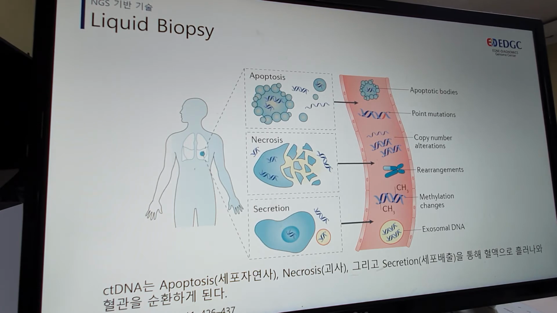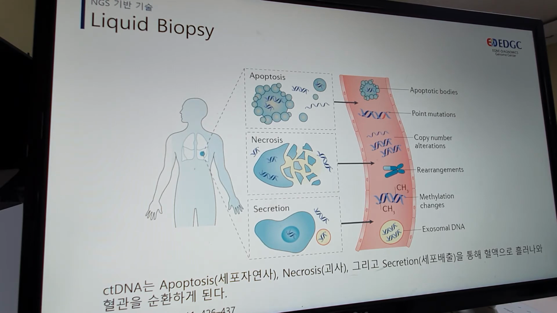So if this liquid biopsy service is prevalent in the near future, then I think we can say we have already overcome cancer, because we can find what cancer types are in my body before it is detected by other devices like sonography or X-ray in clinics.